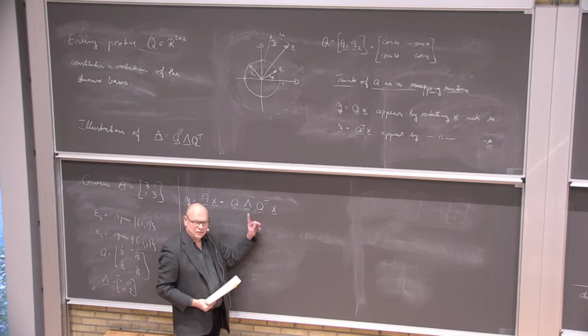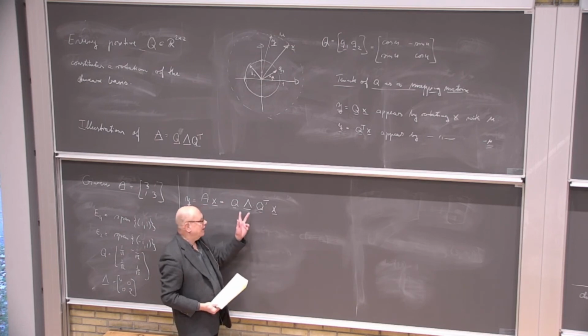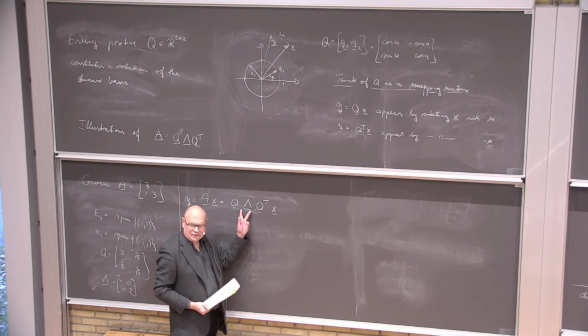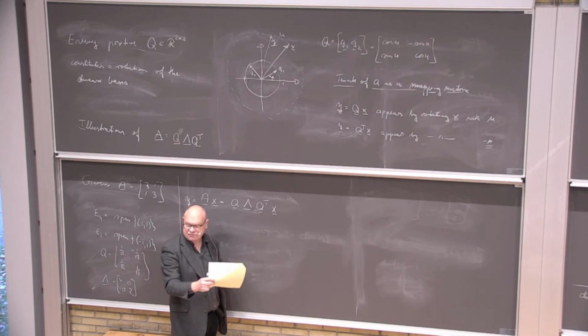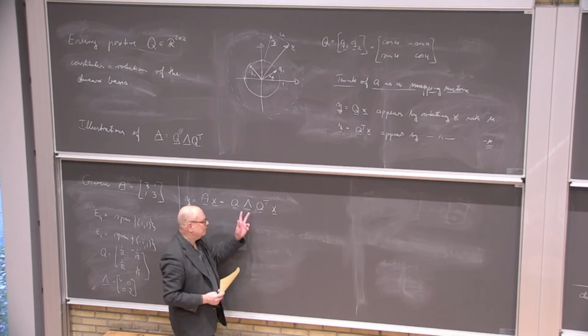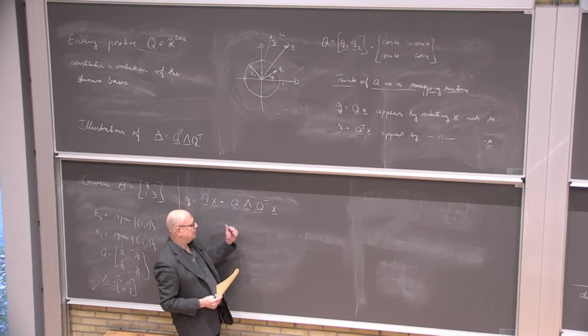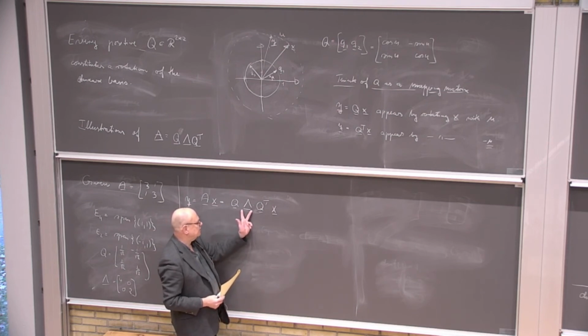Q here, we have just seen that this is a rotation. And multiplying with this diagonal matrix means a stretching of the vector you get from here, stretching in the two directions of the eigenvectors.